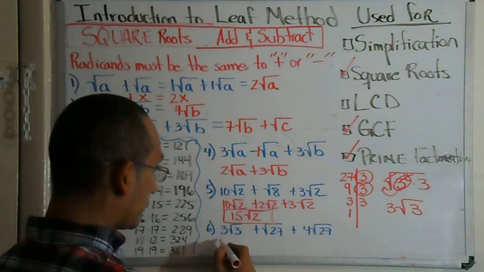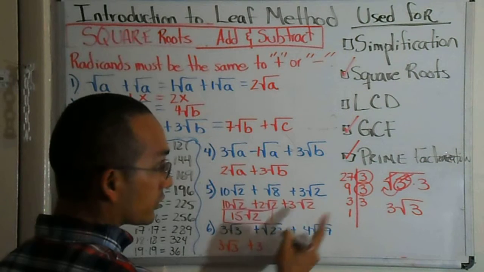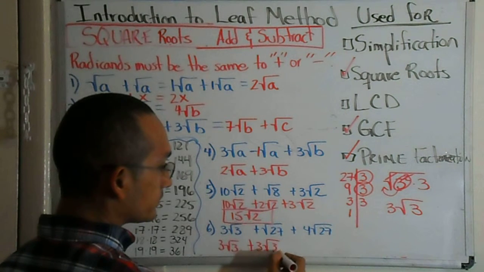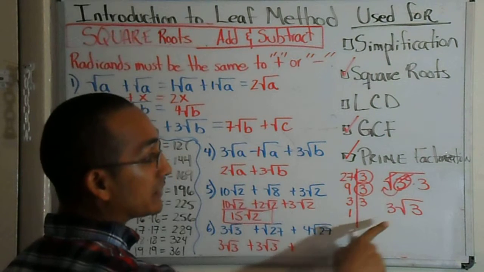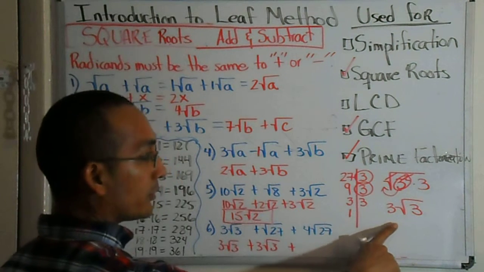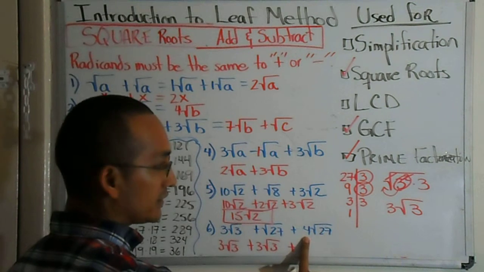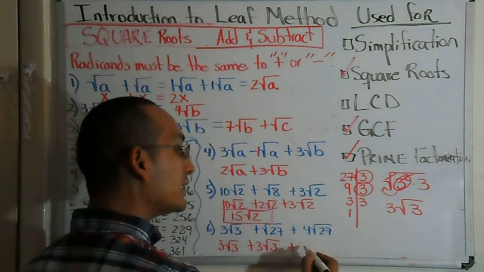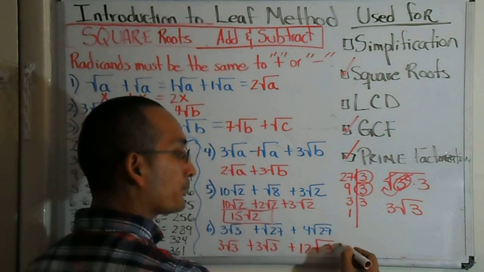So this here is 3 square root of 3 plus 3 square root of 3. Now notice here we have the square root of 27, which we found out was 3 square root of 3. But remember, once the number is outside, it multiplies times the number outside as well. So it becomes 4 times 3, that becomes 12 square root of 3.